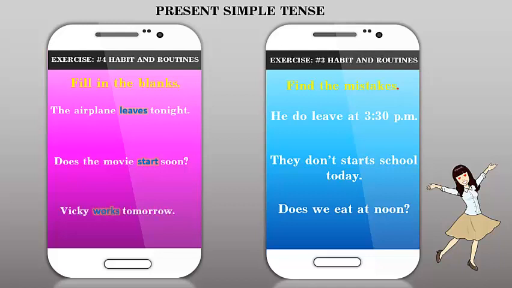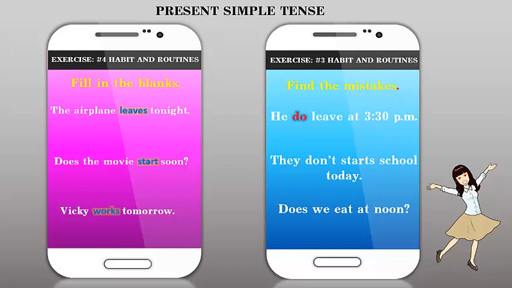Now let's find the mistakes in the sentence below. He do leave at 3:30 p.m. Actually, there is only one mistake. Can you find it? He do leave at 3:30 p.m. We do not need the do here. We only use do in a question or in the negative form.